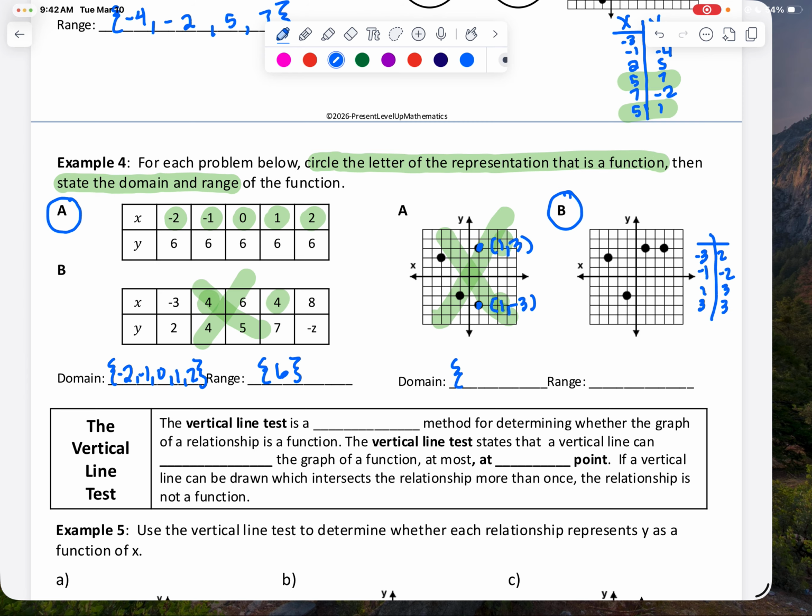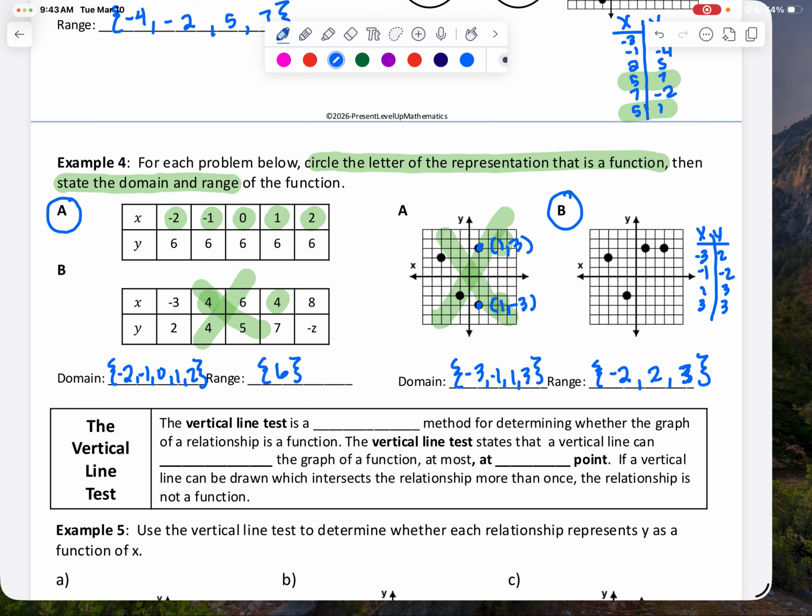Now it's easier to state our domain and range if we represent the graph as a table. Our x values were negative 3, negative 1, positive 1, positive 3. Our range, start with the smallest value, negative 2, then your next smallest value, which is positive 2, and then the 3, you do not have to write more than one time. So just the 3.